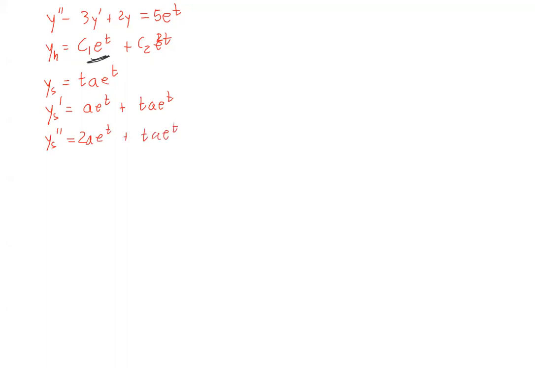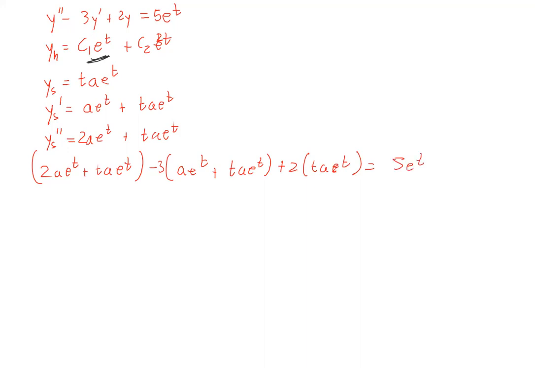So we plug them in and we get 2a e to the t plus ta e to the t, minus 3 times a e to the t plus ta e to the t, plus 2ta e to the t. And that should be equal to 5 e to the t.